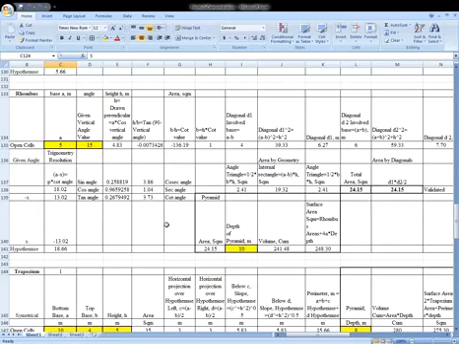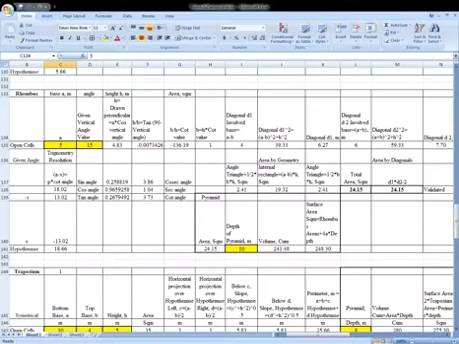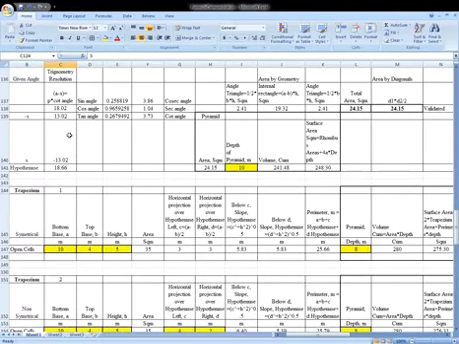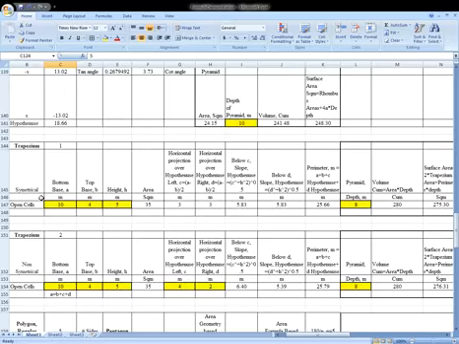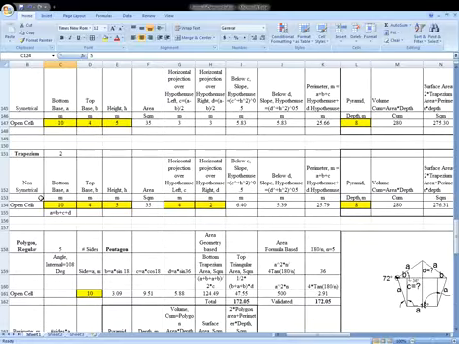Rhombus. Again, I remind, we have rhombus in sequence, then we have trapezium symmetrical and trapezium non-symmetrical.